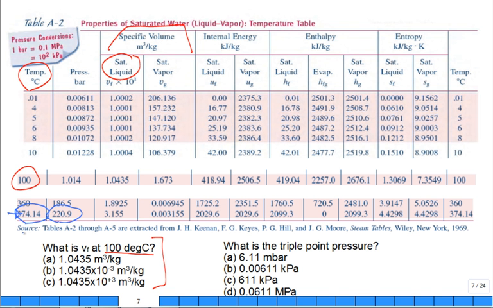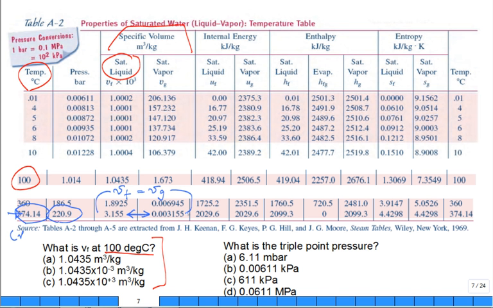Okay. When it goes to the critical point, is there a difference between the saturated vapor and the saturated liquid specific volume, or are those the same? At the critical point, Cp, is V sub F equal to V sub G? Yeah, it is. So these two values should be the same.